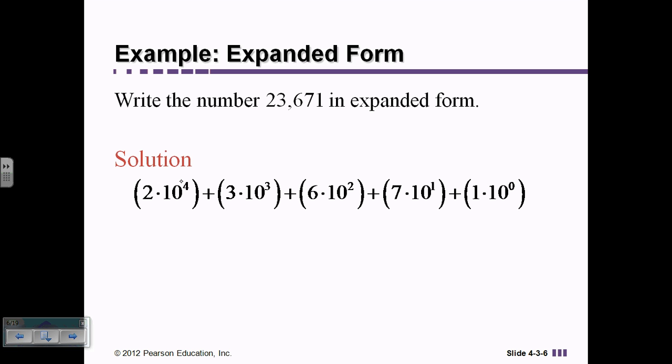And what you're probably familiar with thinking is you have 2 times 10,000, which is 10 to the 4th. You have 3 times 1,000. You have 6 times 100. You have 7 times 10, and you have 1 times 1. So this is the ones, tens, hundreds, thousands, 10,000s place in just a little bit different format.